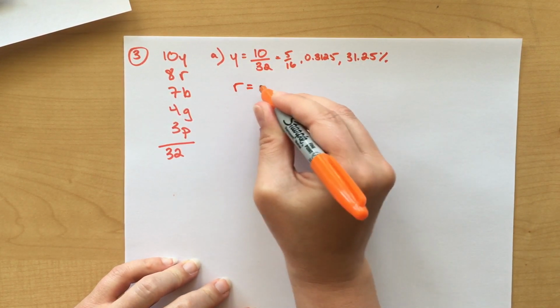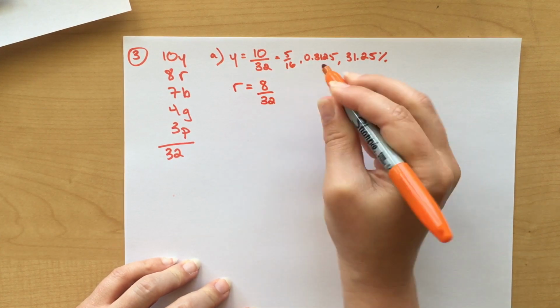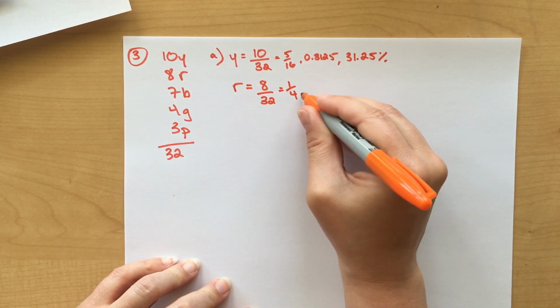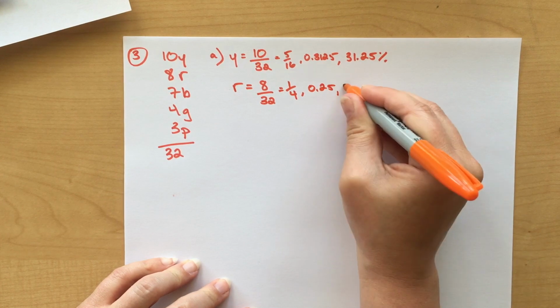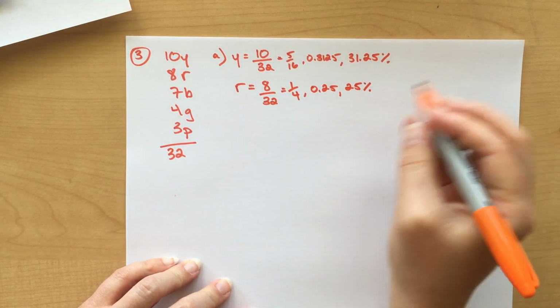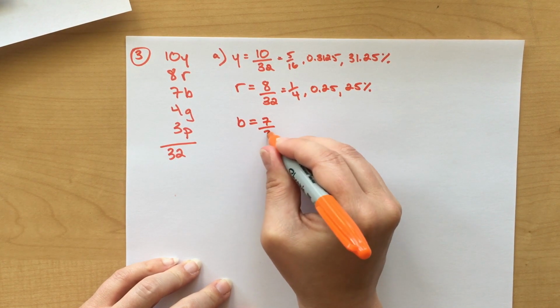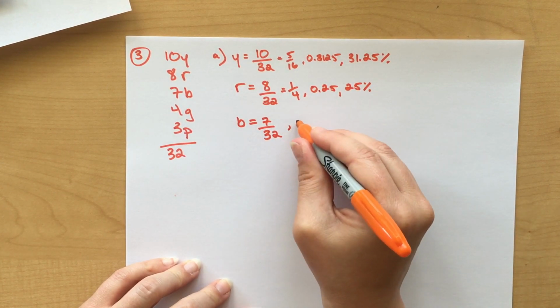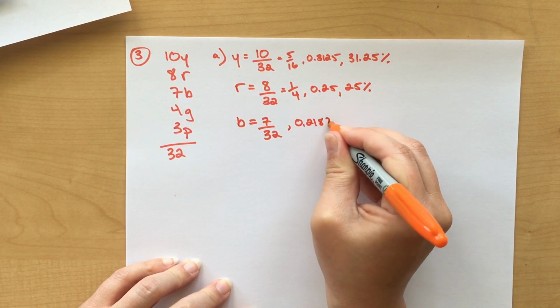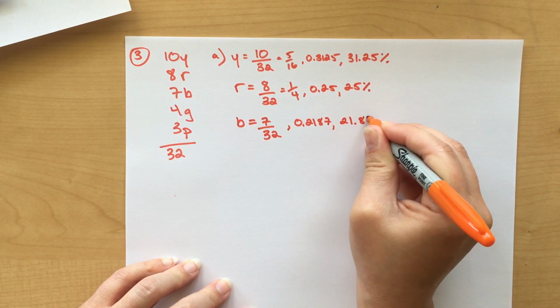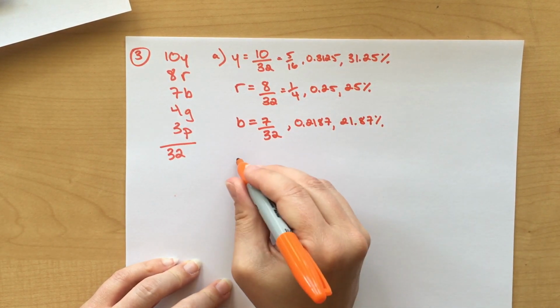If we look at red, red will be 8 out of 32, which is a 1 in 4 chance, 0.25, or 25% chance. If we look at blue, blue will be a 7 out of 32. Can't reduce that fraction anymore, 0.2187, or 21.87%.